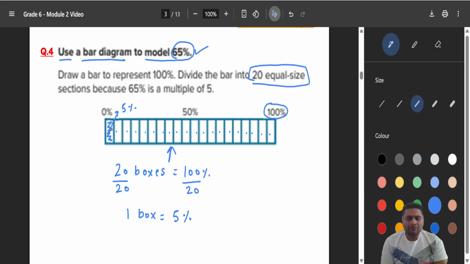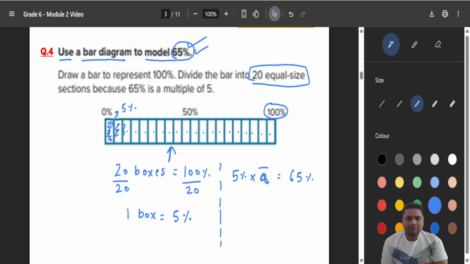Now we have to think how many boxes I should fill here so that 5, 5, 5, 5, 5 will become equal to how much? 65%. So let's say this one box of 5% multiplied by, let's say x, like a boxes. A boxes will give me 65%.